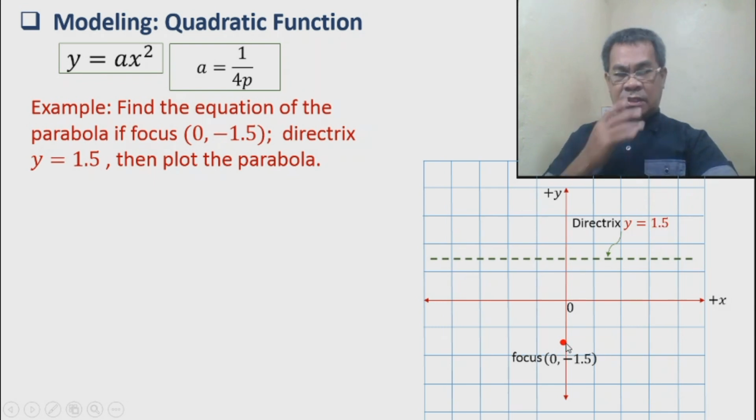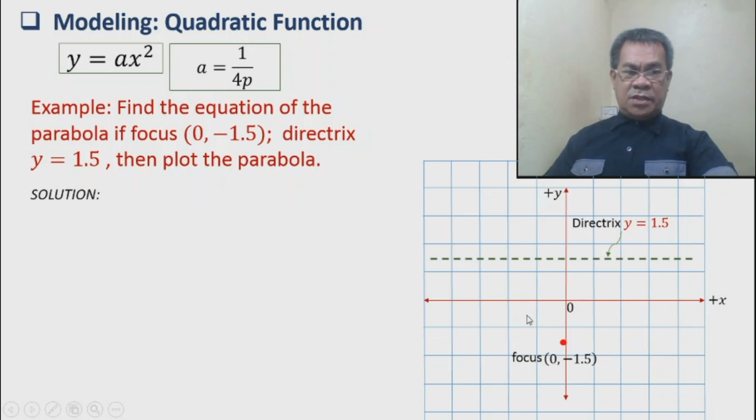Obviously, because the vertex is located at the origin, the parabola must open downward, because the rule says that the points of the curve of the parabola do not touch the directrix line.